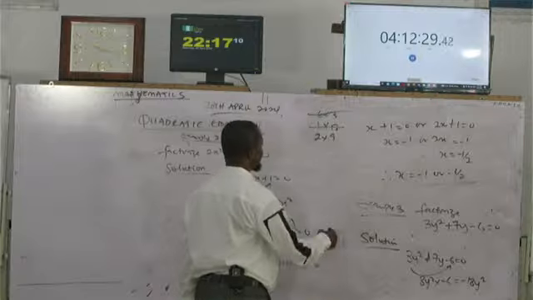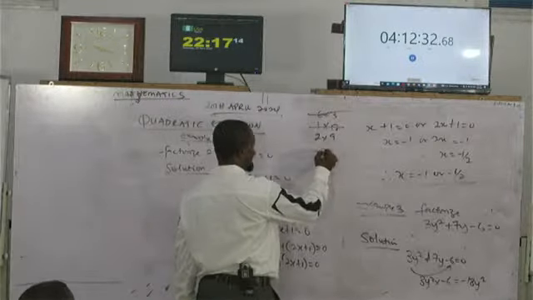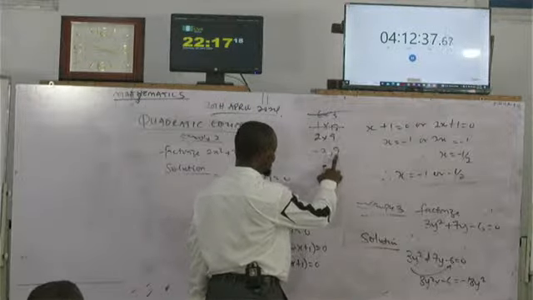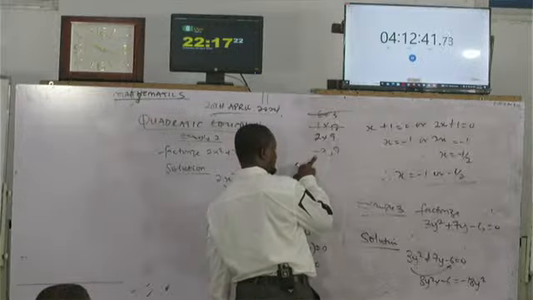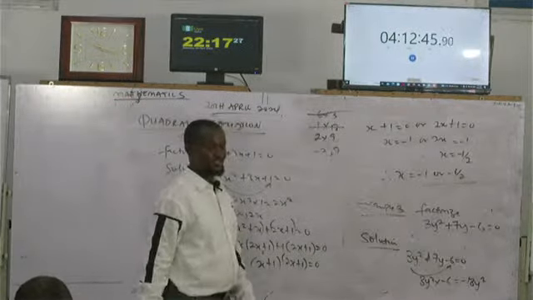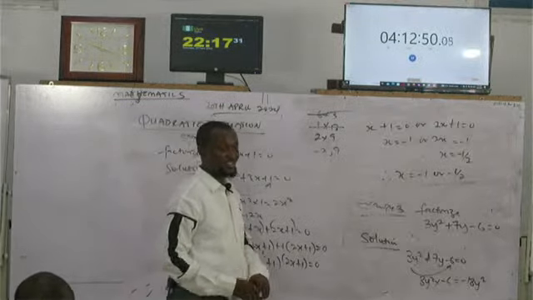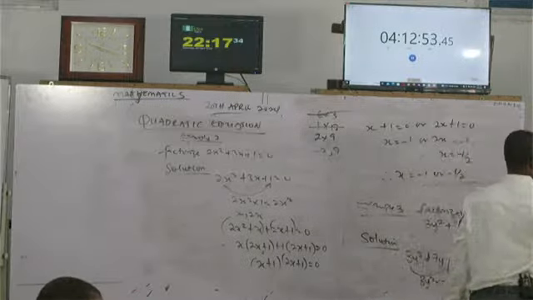So what we do here is that you now say minus 2 and 9. Minus 2 times 9 gives us minus 18, then minus 2 plus 9 gives us 7. Is that correct? You see, it's easy to find the factors now. Those factors we run away from, you can get them easily.